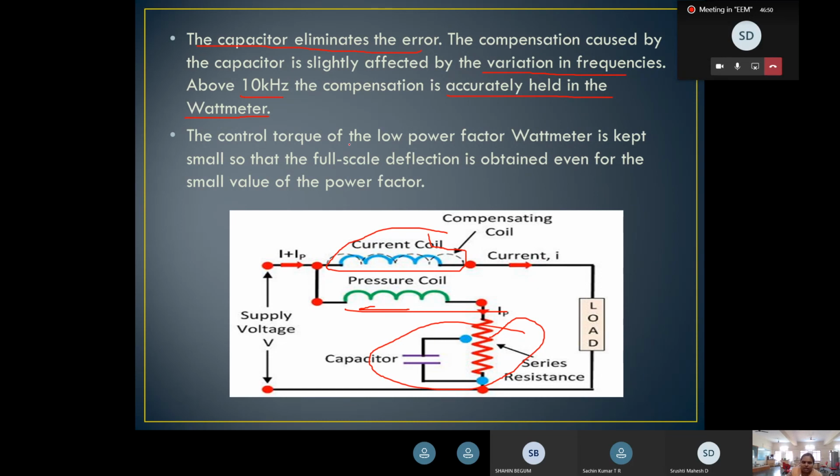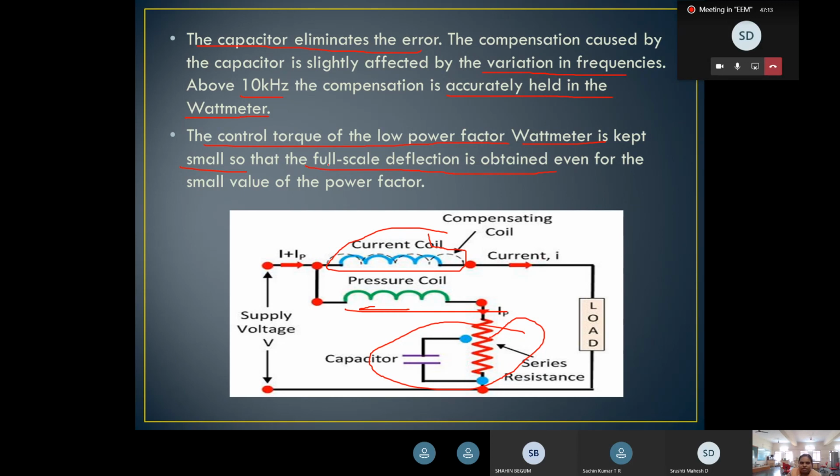The control torque of the low power factor wattmeter, the control torque of the LPF wattmeter, is kept small. The control torque opposes the deflecting torque, right? It should be kept small so that full scale deflection is obtained.